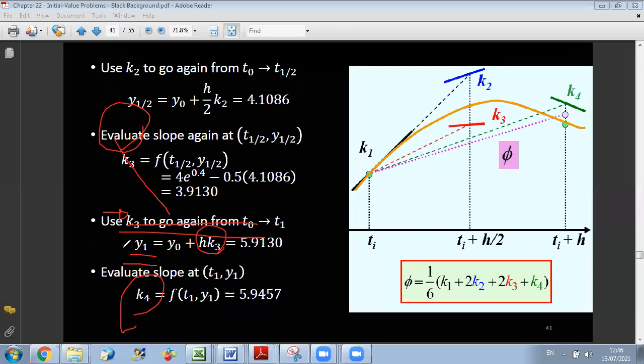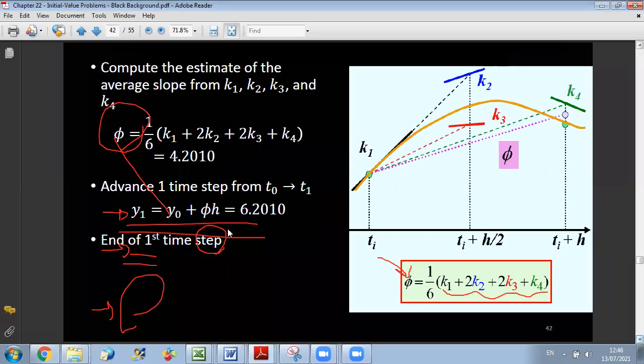Once you have k4, you can find the mean value of phi using the weighted average of k1, k2, k3, and k4. Then I can find my final updated value for y1 by advancing one time step from t0 to t1: y1 is y0 plus phi times h. I get my y1. This is the end of the first time step.